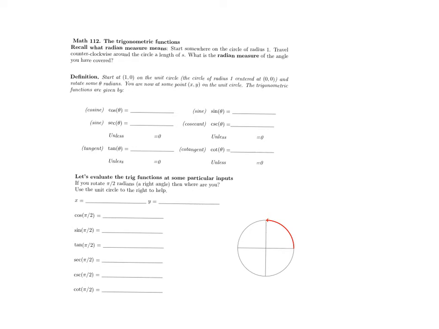Hello again. So, this is the lecture in which I'll actually start to study the so-called trigonometric functions. Trig functions are functions, so they should take some input and generate an output. The input that a trig function will take will be an angle.